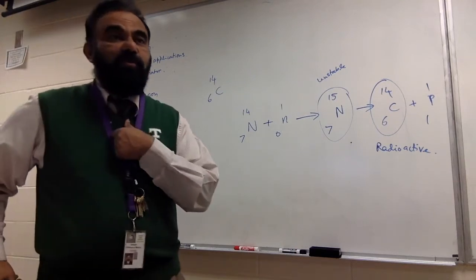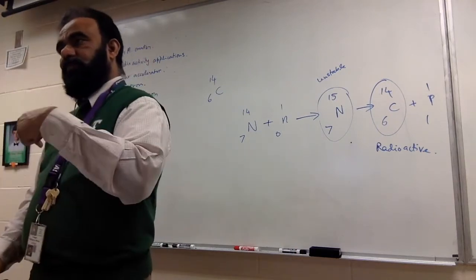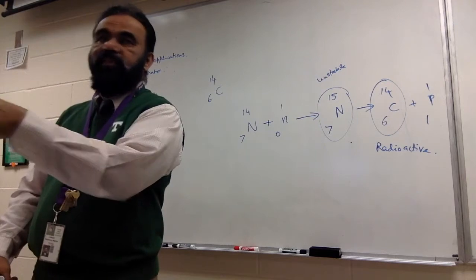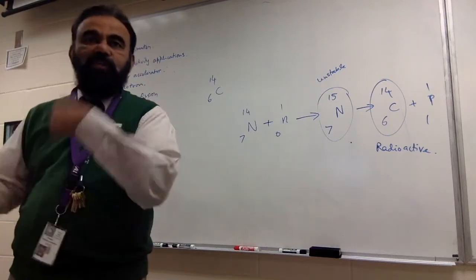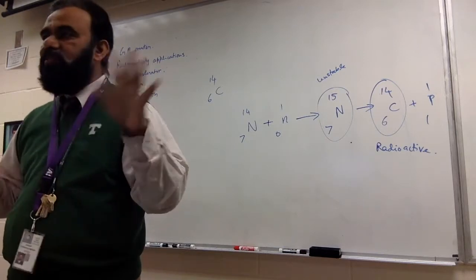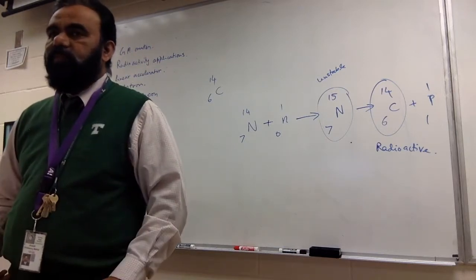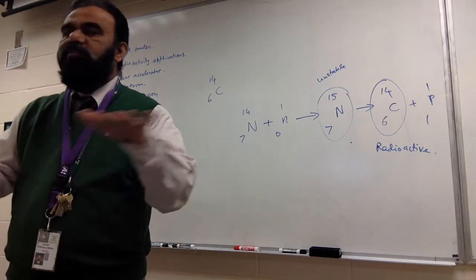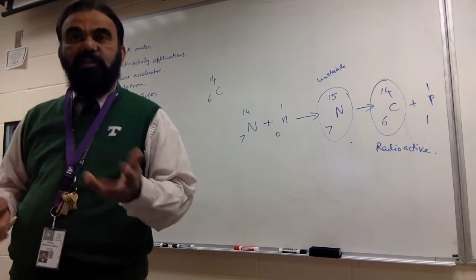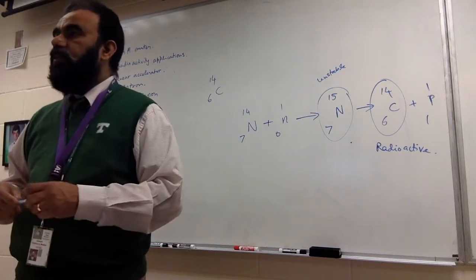We absorb carbon-14 through breathing. We eat plants. Animals eat plants. We eat animals. So finally, carbon-14 is kind of getting saturated in our system. So carbon-14 is coming into all the systems through different processes, respiration, and all that.